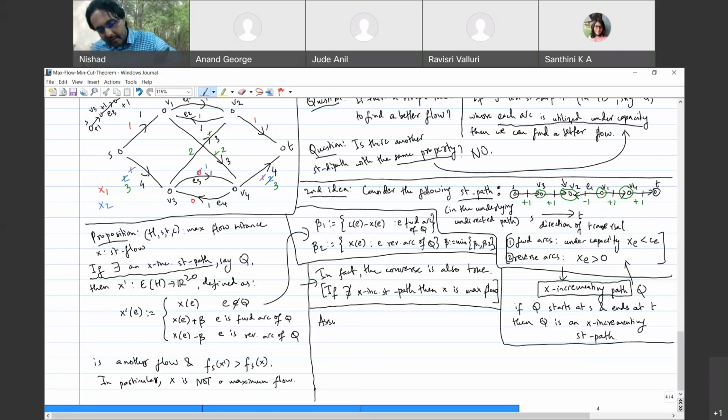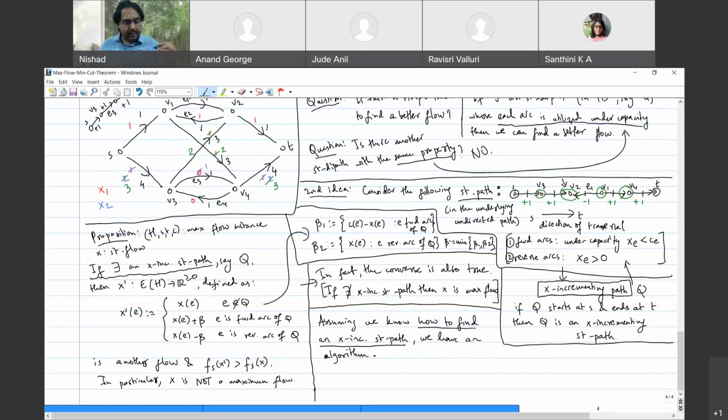So assuming we know how to find an X incrementing ST path, we have an algorithm. Okay, so this is the only thing we need to now address: how to find such a path.